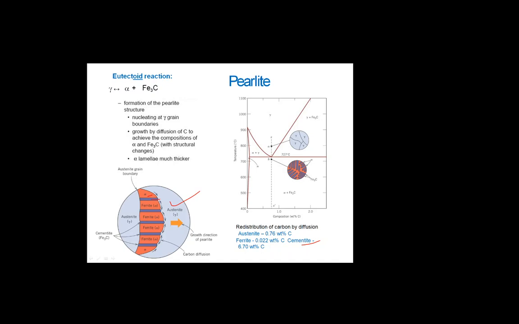This is the layer by layer progression, and this figure identifies the microstructural changes. The direction of carbon diffusion is indicated by the arrows, and the carbon atoms diffuse away from the 0.022 weight percent ferrite region to the 6.7 weight percent cementite layer.